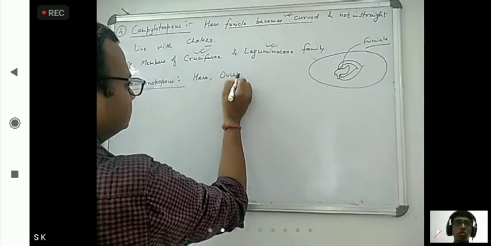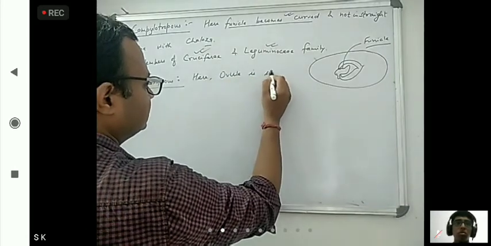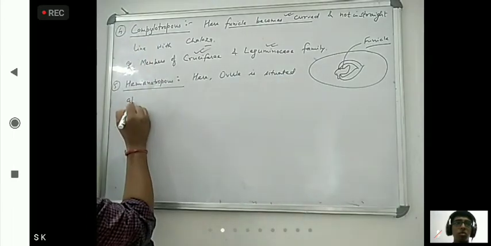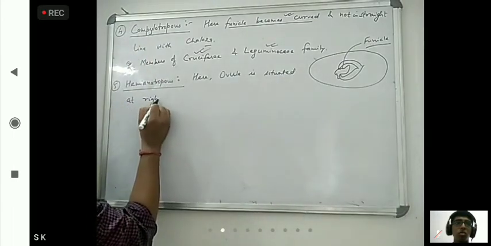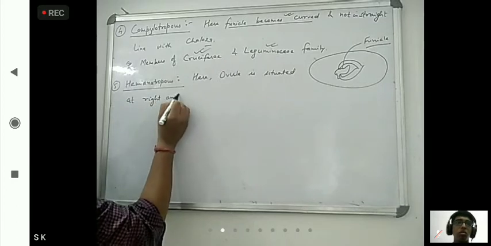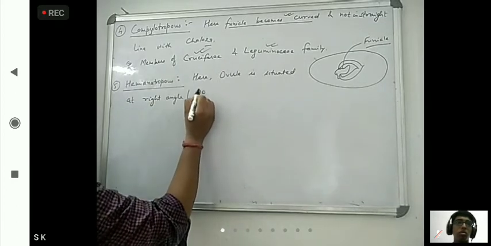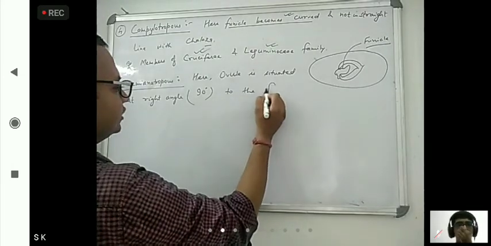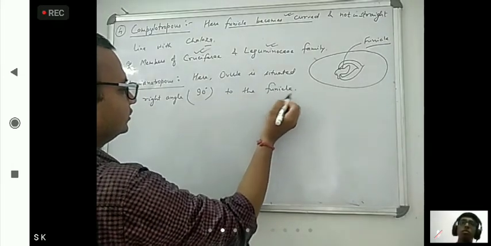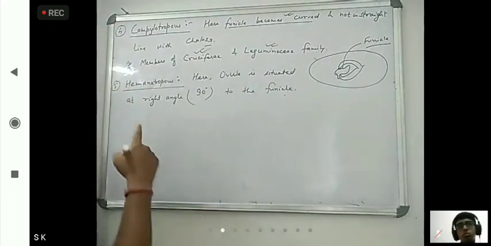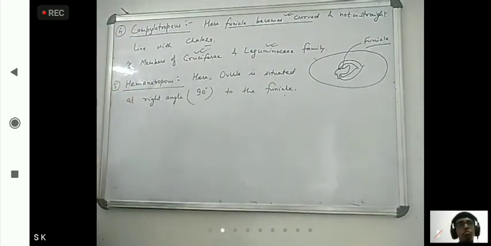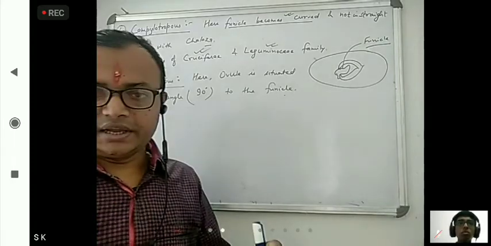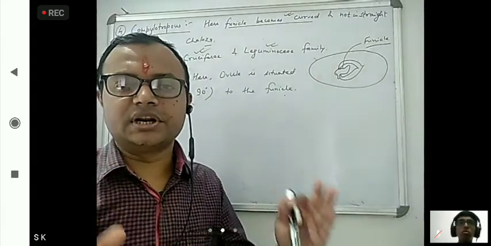Right angle means how much degree? 90 degree to the funicle. So in that condition, that is known as Hemianatropus. And example is ranunculus.